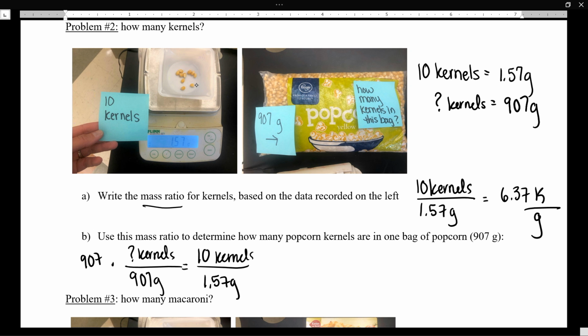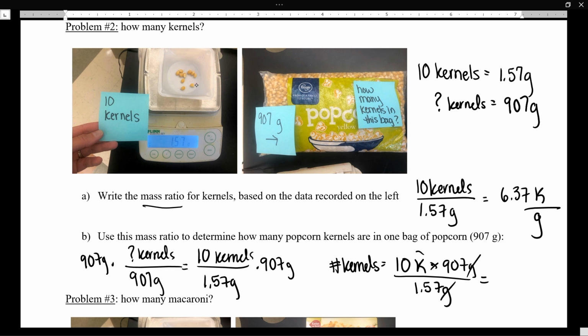So to solve, I'm going to multiply both sides by 907, and I end up with the number of kernels is 10 kernels, I'm just going to use K for short, times 907 grams divided by 1.57 grams. Notice how it's grams divided by grams, so those cancel out, so the units that we're left with are kernels.